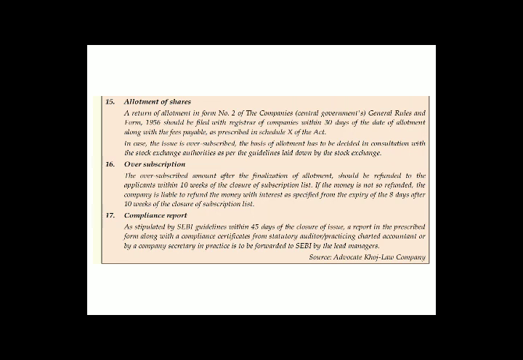After that, we need to allot the shares we have according to the amount of money they have given us. For example, if someone has requested 1000 shares and has deposited 10,000 in that separate bank account that we have discussed, we have to allot 1000 shares in his name.